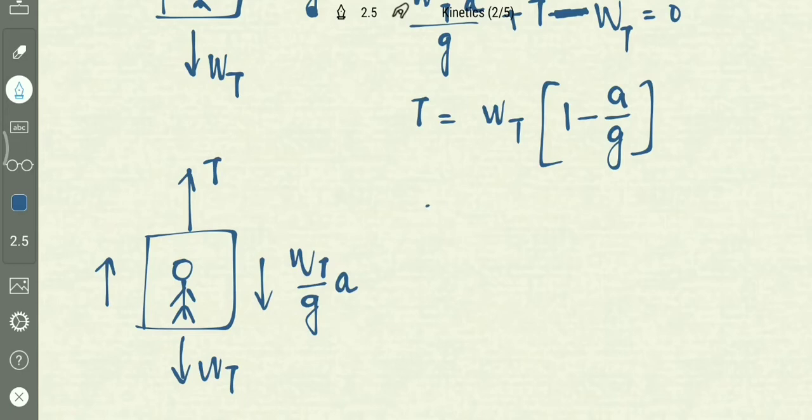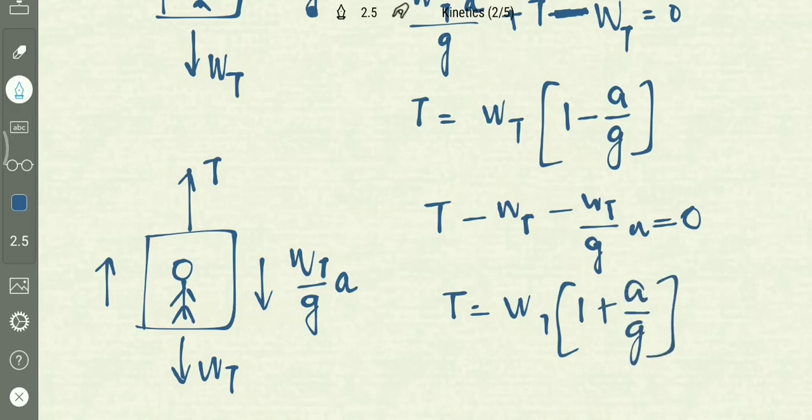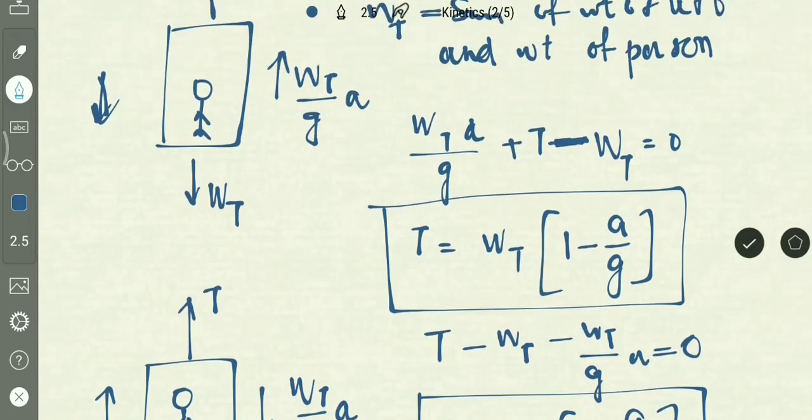Upward forces are just T, and downward forces are Wt, and another downward force is the inertia force Wt by g into a, which is equal to 0. Then T will become Wt into (1 plus a by g). So this is when the lift is traveling downwards, and this is when the lift is going upwards.